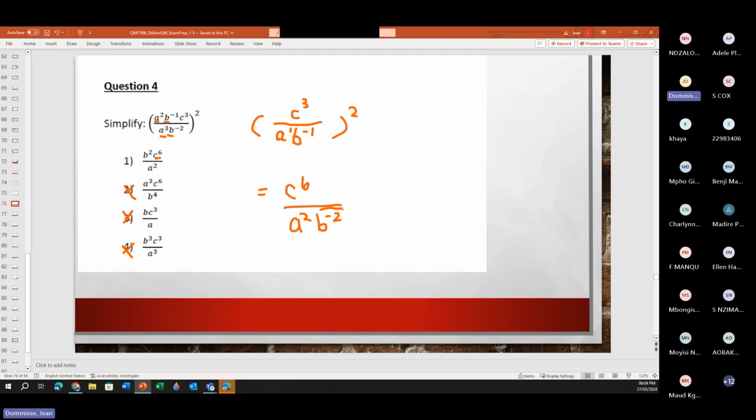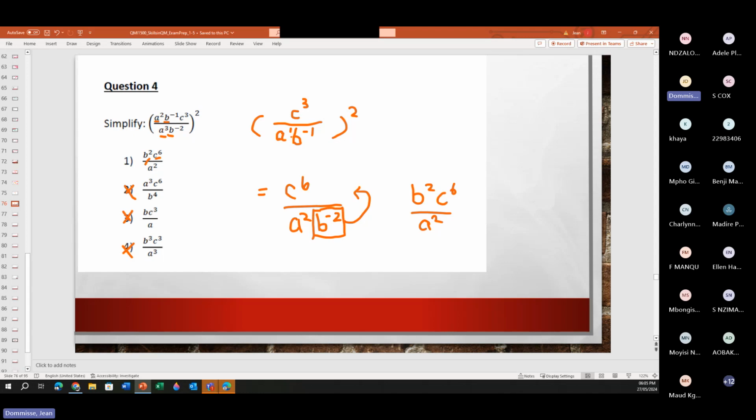So again, b to the power of minus 2 at the bottom. If we take it to the top, a minus becomes a positive. So we sit with b to the power of 2, c to the power of 6 over a to the power of 2.